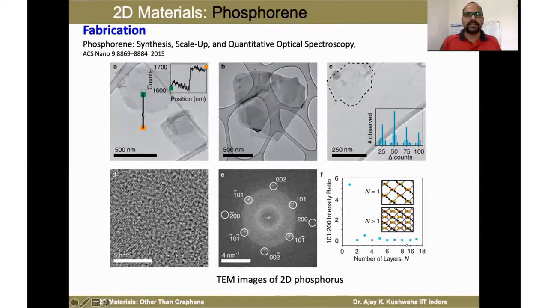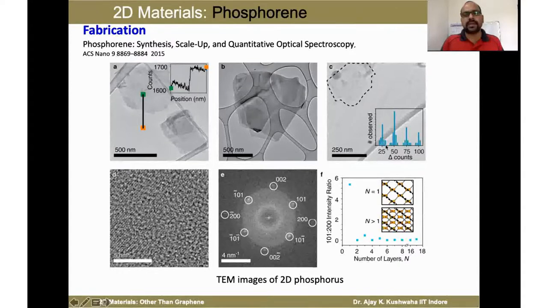Similarly, figure B has few-layer and multi-layer phosphorene. Figure C shows a mix of these. See, this is one layer, then this maybe few layer, then this very thick layer, and based on these they have performed the line scan, and the count versus observed value is given here.